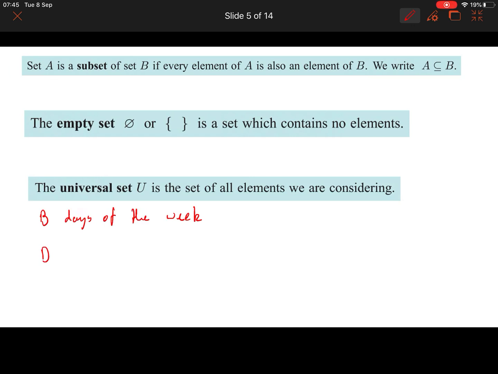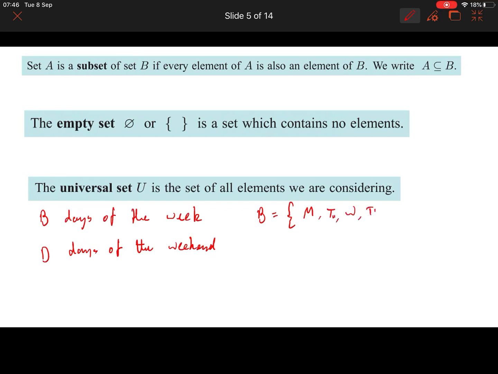Remember we had set B was days of the week, and let's say set D is days of the weekend.